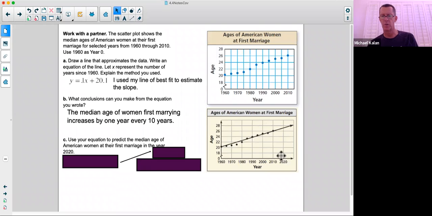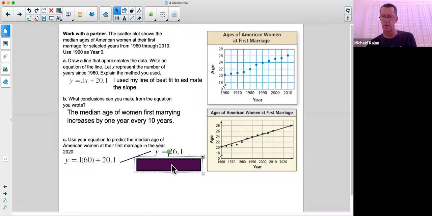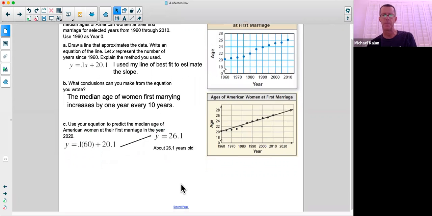What year is 2020 if 0 is 1960? It's year 60, right? So we could actually plug in 60 for x, and then let's see how close I was. Okay, so yeah, it's a little over 26. And what did we say? We said 27. So pretty close.